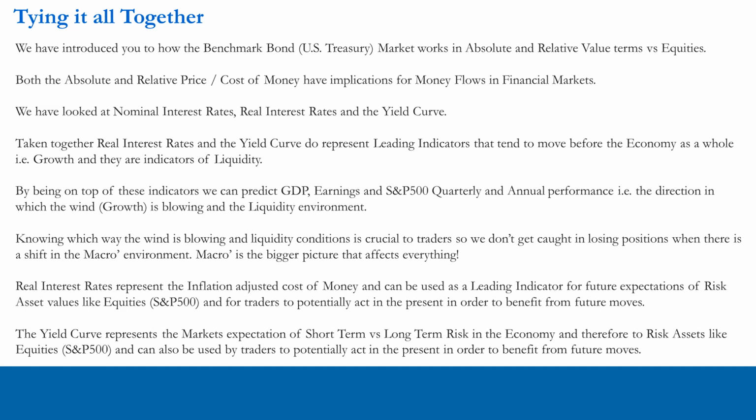The yield curve represents the market's expectation of short-term versus long-term risk in the economy, and therefore to risk assets like equities, the S&P 500. And it can also be used by traders to potentially act in the present in order to benefit from future moves. So these are useful leading indicators to traders: real interest rates and the yield curve.